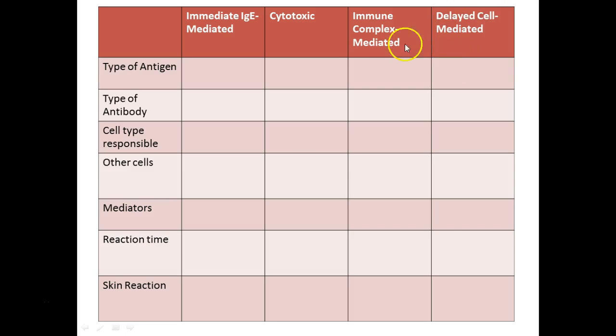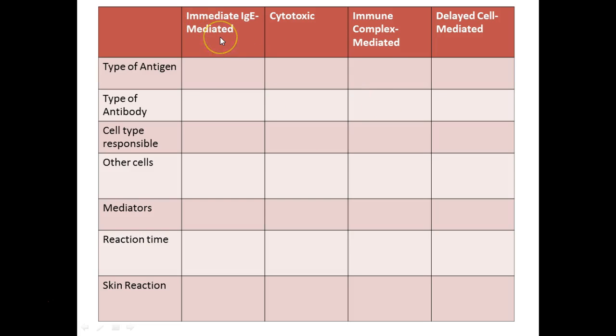Delayed cell mediated. All of these 3 actually are mediated by antibodies. This one is not, it's cell mediated. So you're dealing with T cells and macrophages. And because it's cells, it's a little bit slower, so it's delayed. For each one of these, you should know the type of antigen, and especially for these 3, where it involves an antibody, what antibody.